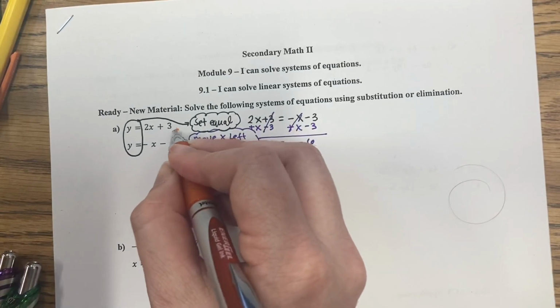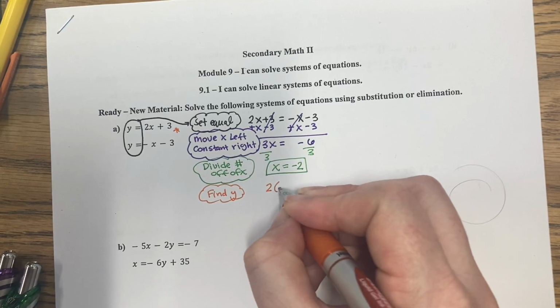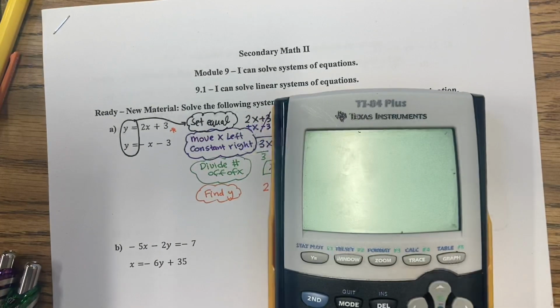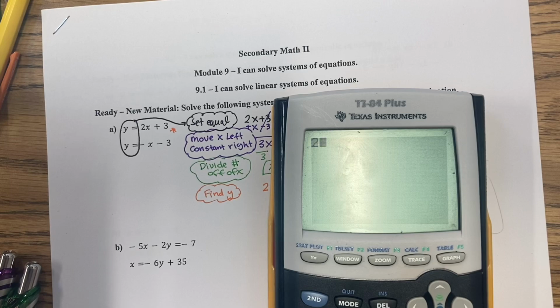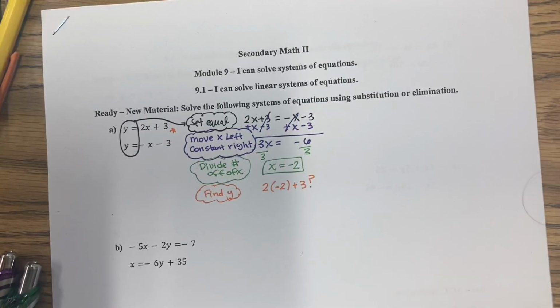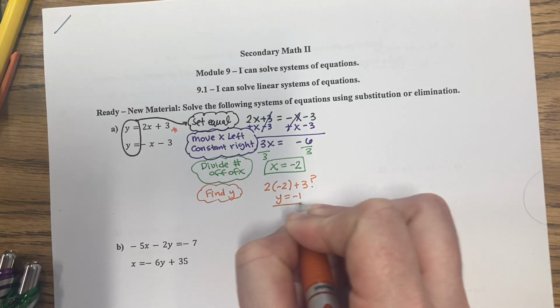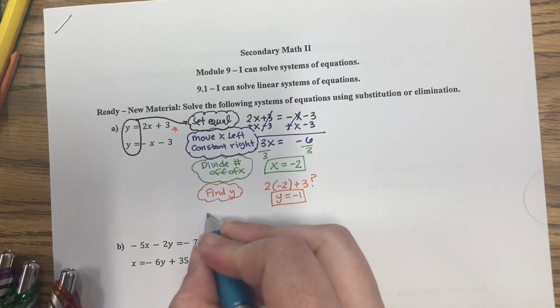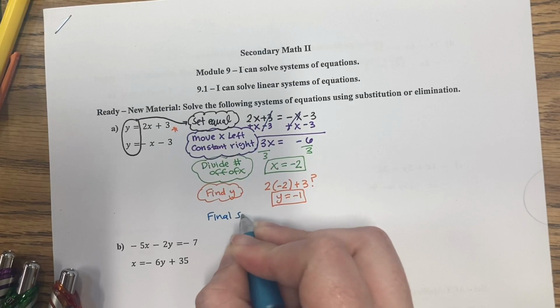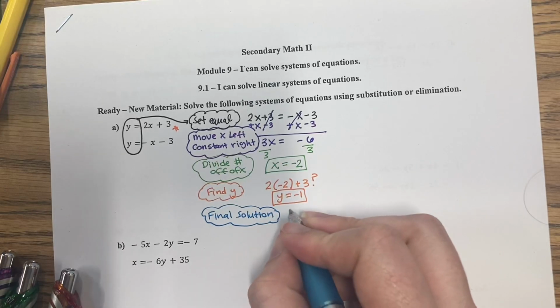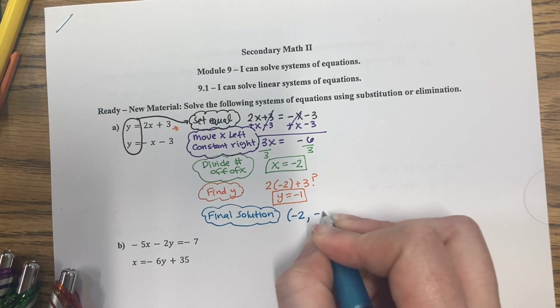I'm just going to use the top and do 2, I plug the number in, plus 3. 2 times negative 2 plus a 3 is a negative 1. So then I'm able to write my final answer, which is written as x, comma, y.